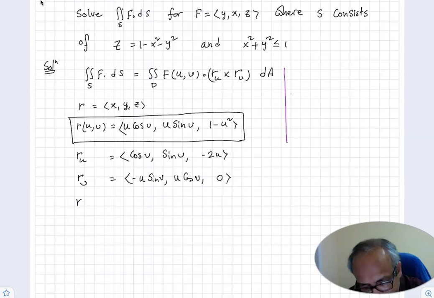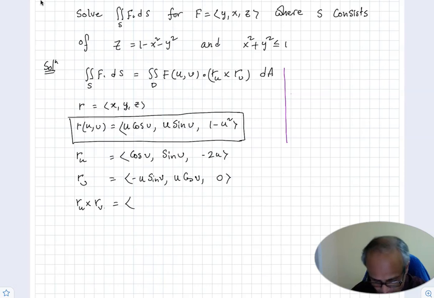So now you take r_u cross r_v. So r_u is a vector, r sub v is a vector. So you take the cross product, and you can look at here. It's written conveniently like a determinant. So you can just think of i hat, j hat, k hat, and you can calculate the cross product.